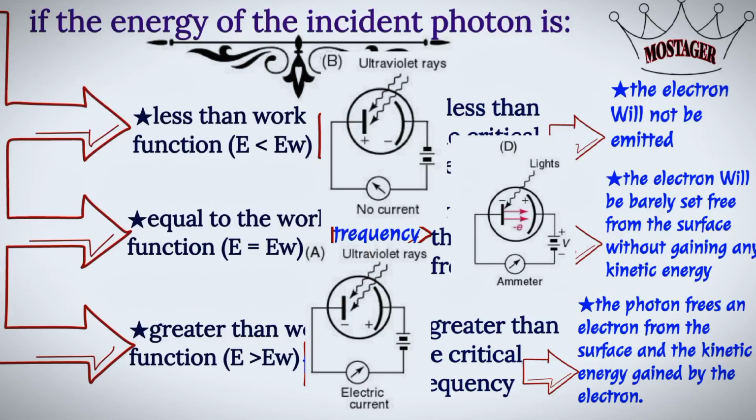State number 3, when the frequency is greater than the critical frequency, the photon frees an electron from the metallic surface and the energy difference appears as the kinetic energy gained by the electron.